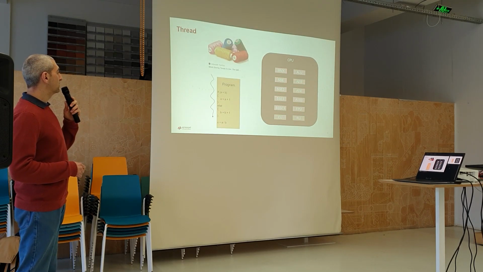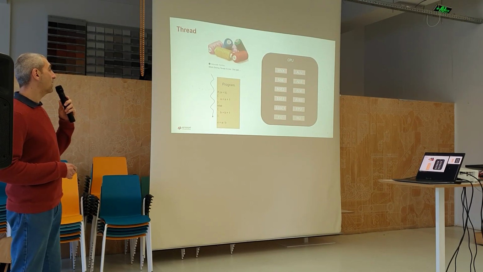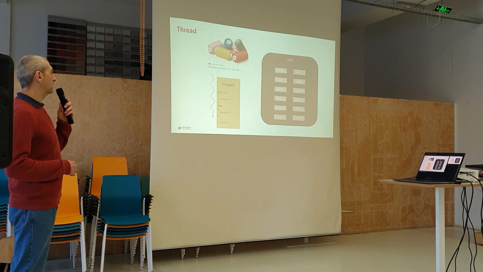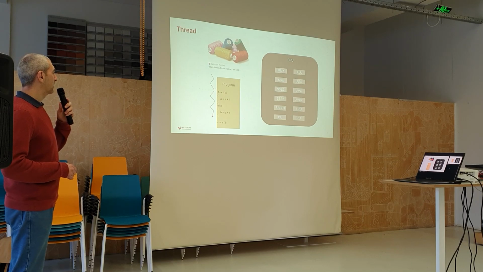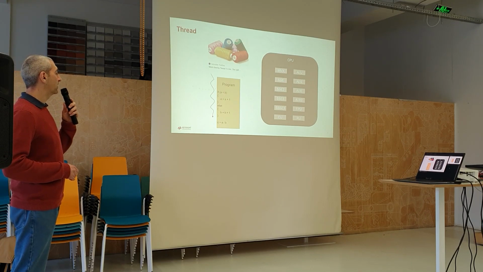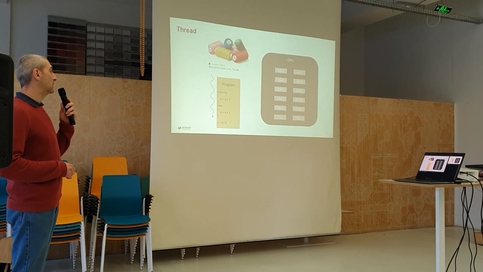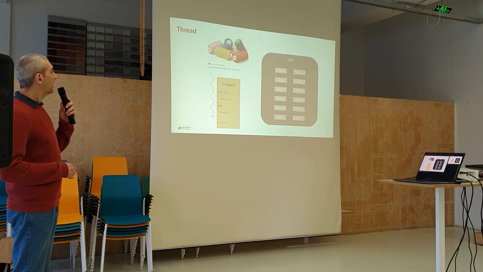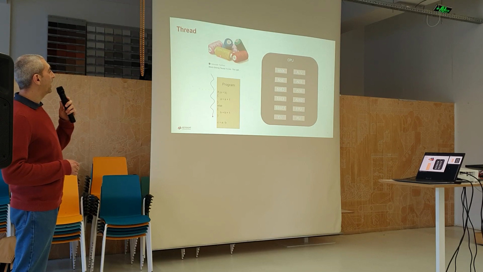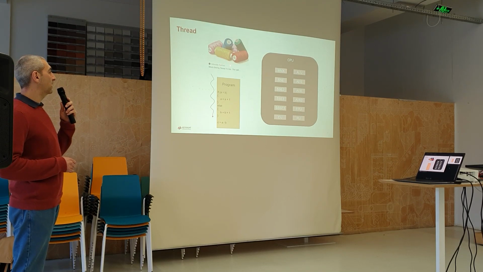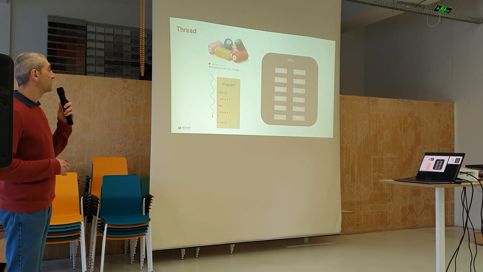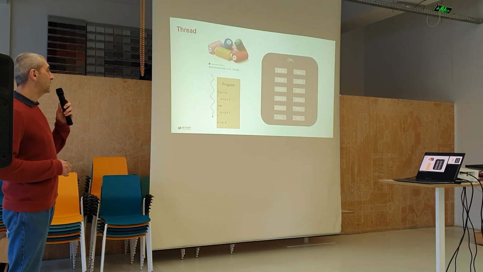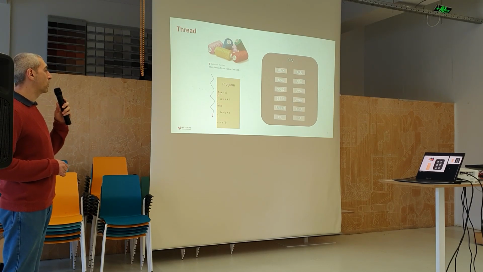Now let's look at a program, and here I made this curvy arrow, which might mean the thread, the executing thread of a program, in comparison to a thread used in sewing. So a program thread is simply the execution flow of a program.